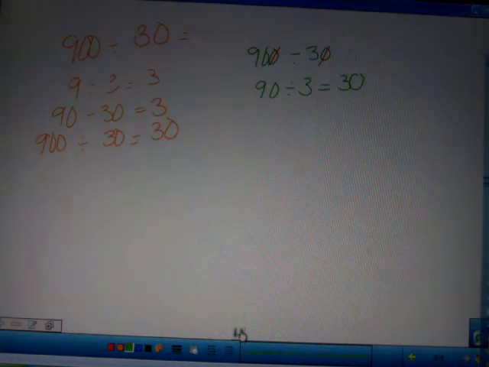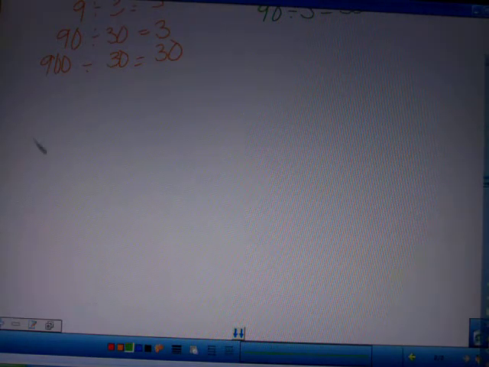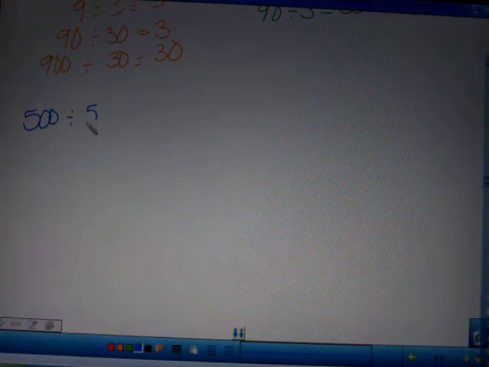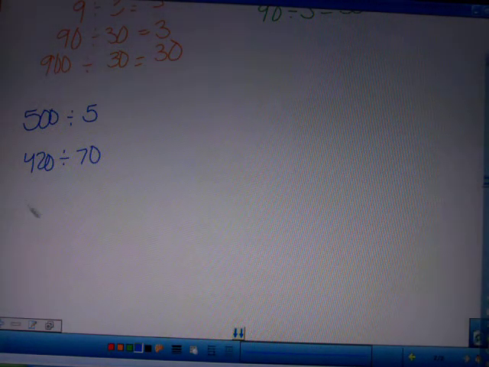So now I'm going to let you have a chance to practice a few of these. I would like you to do 500 divided by 5. I would like you to do 420 divided by 70. I would like you to do 270 divided by 90.